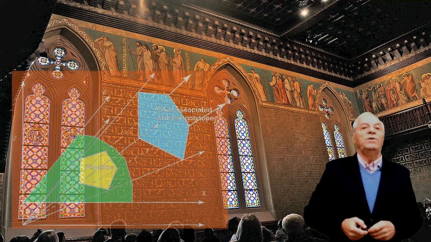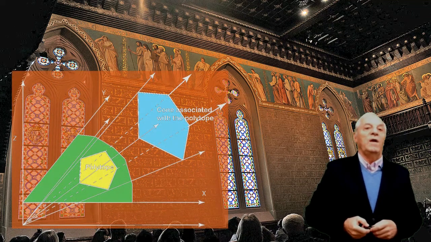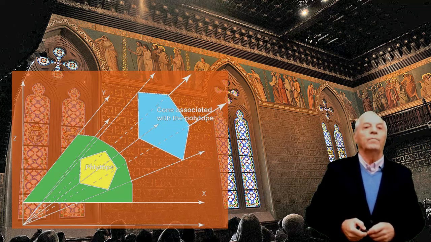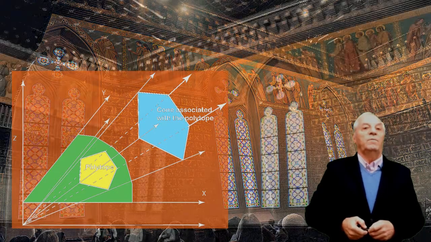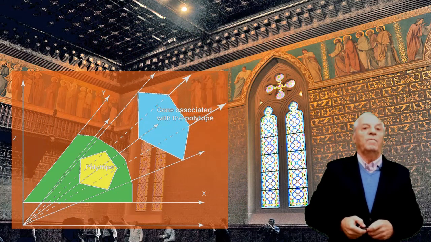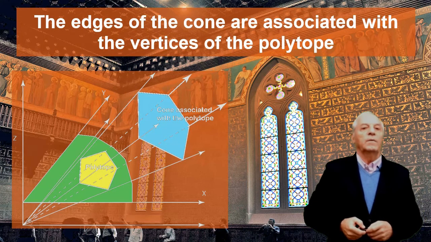Consider the pentagon in yellow color, which is a polytope in a two-dimensional space. If we add to its components one more of value 1, we get the cone in the figure, which is called the cone associated with that polytope. If you take a careful look at the figure, you can see that every edge of the cone, of dimension 1, passes through a vertex of the polytope, of dimension 0, so that the edges of the cone are associated with the vertices of the polytope.